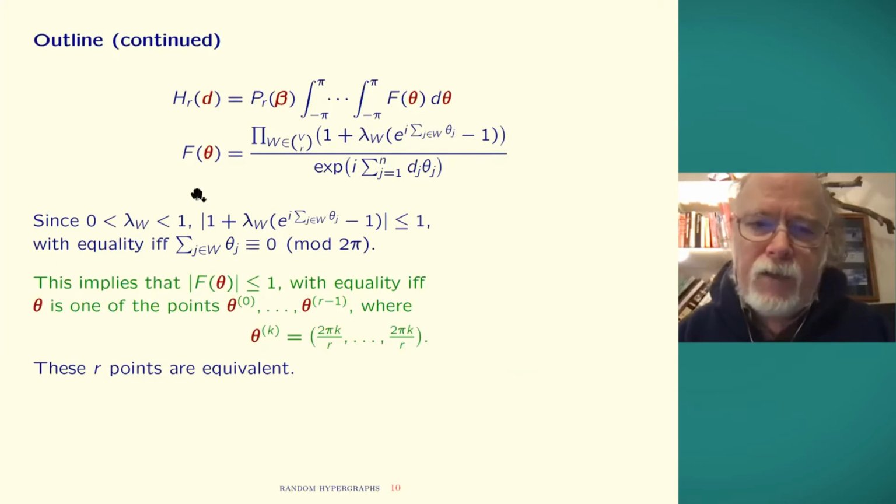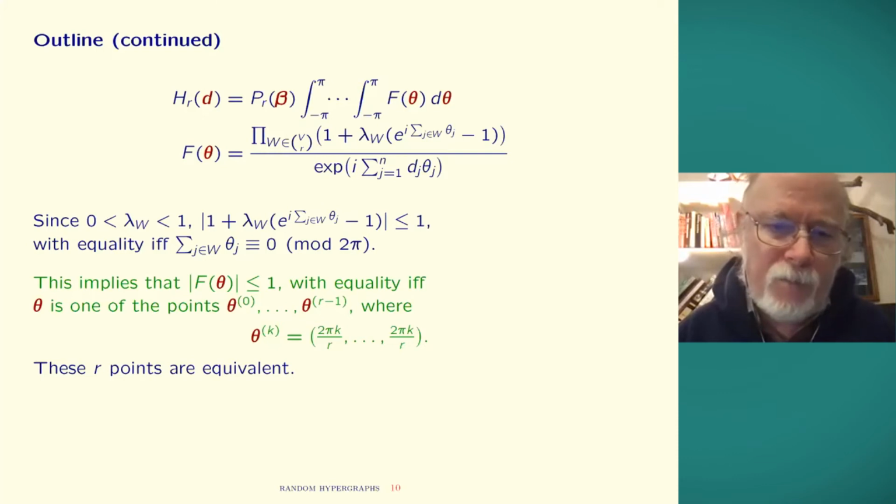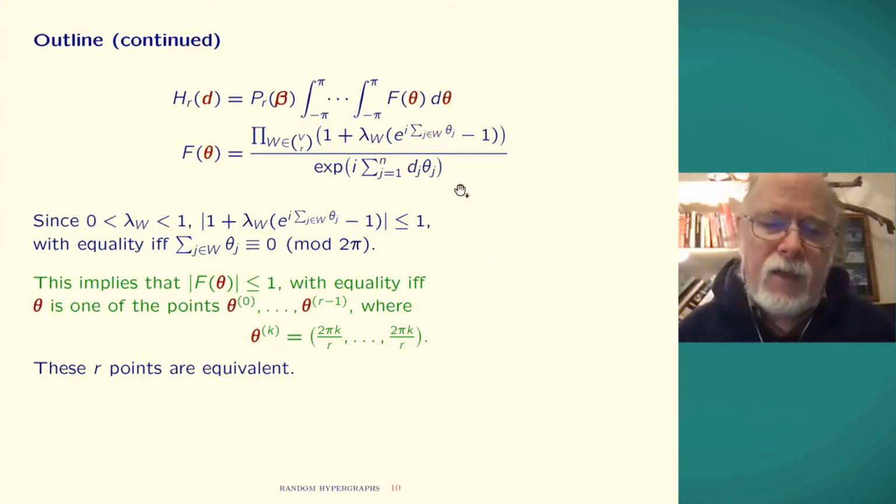And for this factor, 1 plus lambda w times e to the something minus 1, because lambda w is between 0 and 1, this factor is always at most 1 in absolute value, and it's only equal to 1 if the sum of theta j over j in w is a multiple of 2 pi, so that this exponential minus 1 is equal to 0.